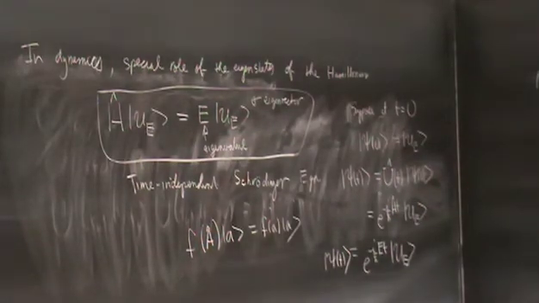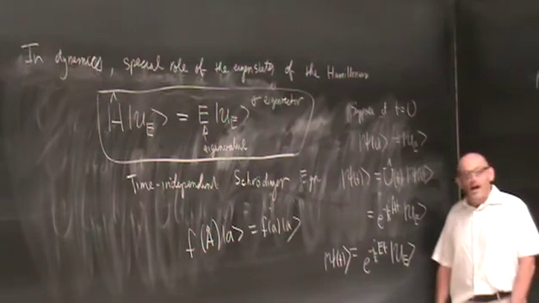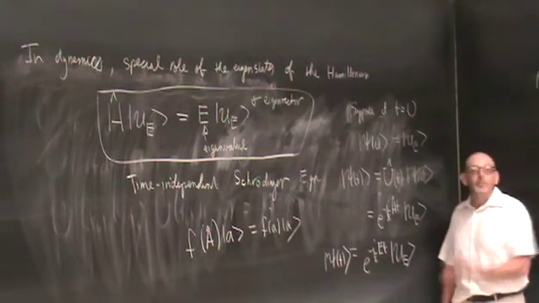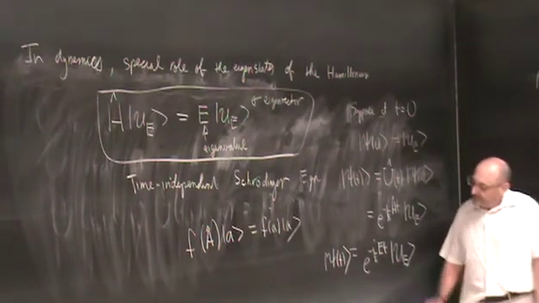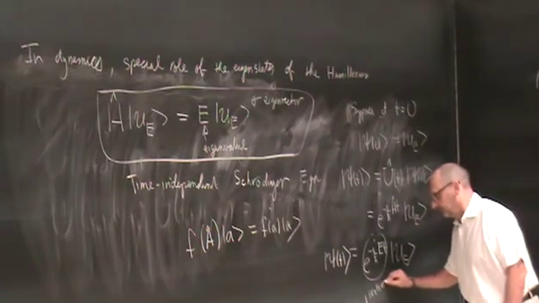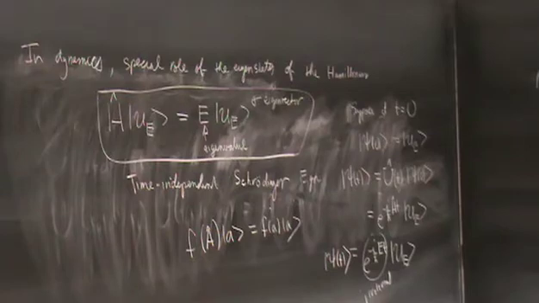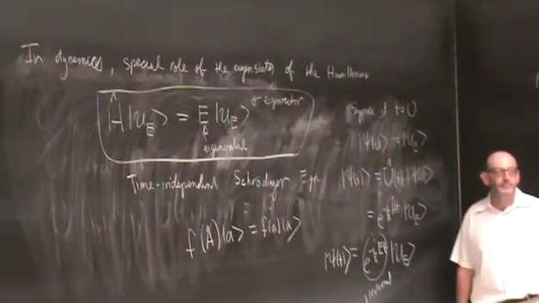However, we said that the overall phase of the state is irrelevant, right? Because no probability depends on it. So this is irrelevant. An overall phase doesn't change any probability for any measurement outcome, which means that the probability of any measurement we do is independent of time.